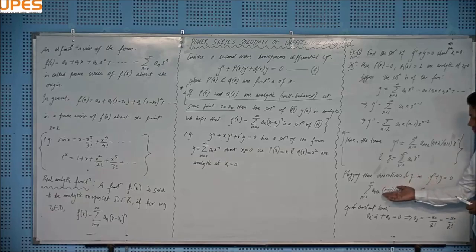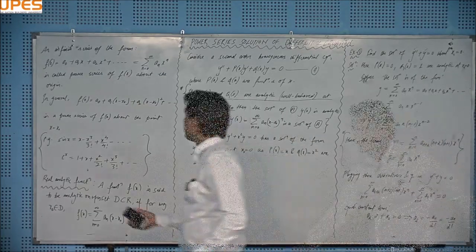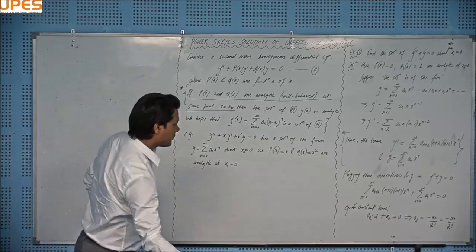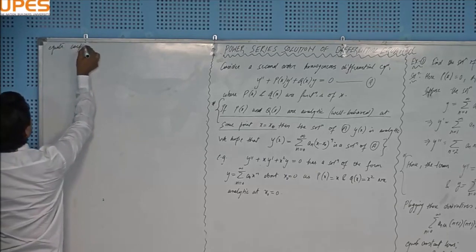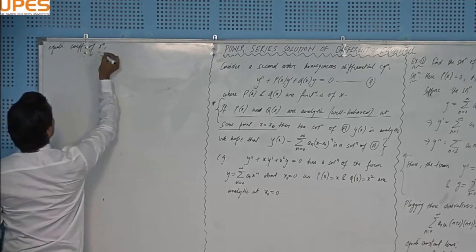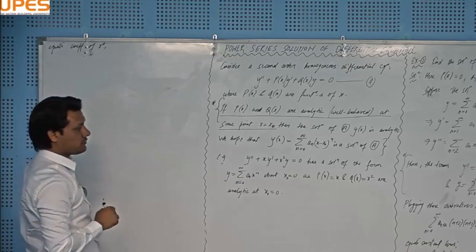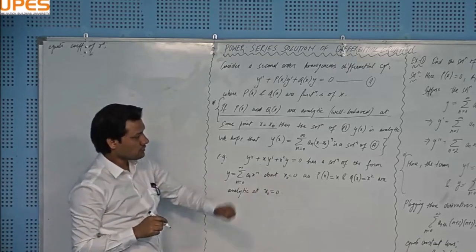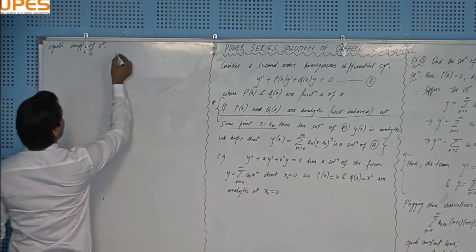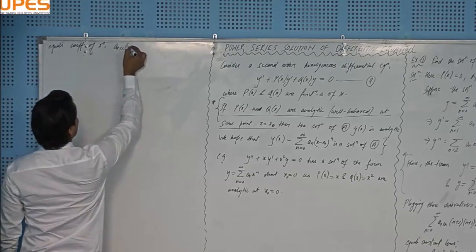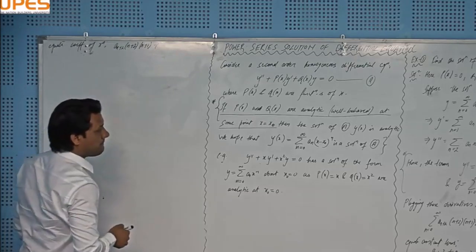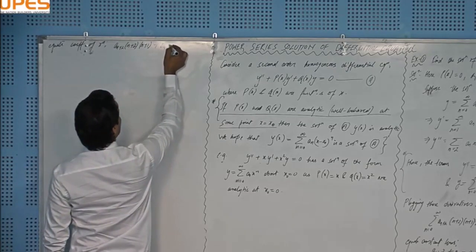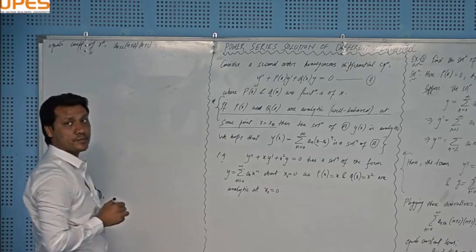Now I will equate the coefficients of x to the power n directly, right? So equate coefficients of x to the power n. From the first term, the coefficient of x to the power n will be a n plus 2, n plus 2, n plus 1, plus a n equal to 0, right?